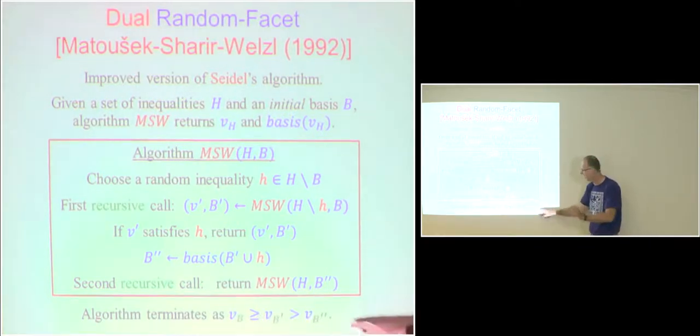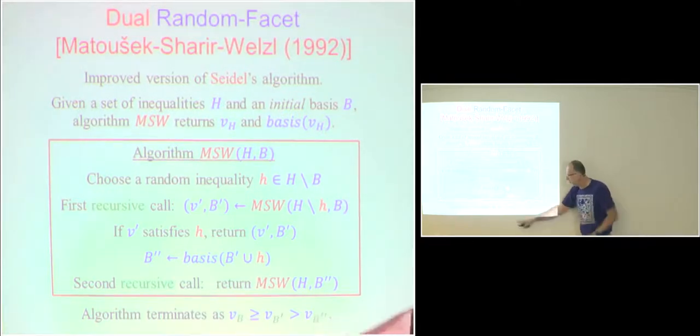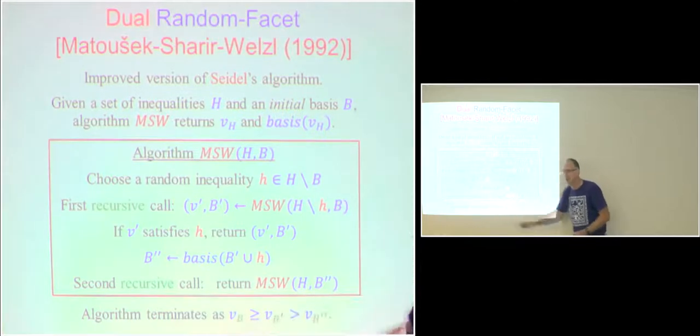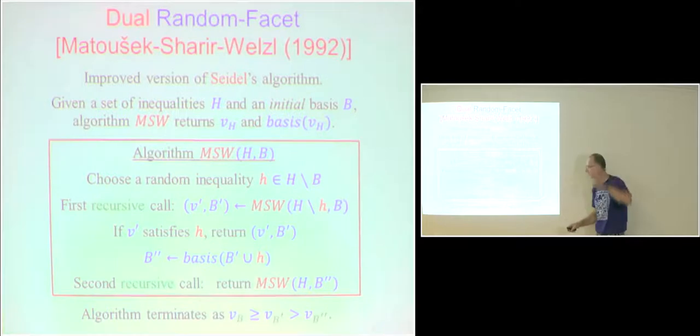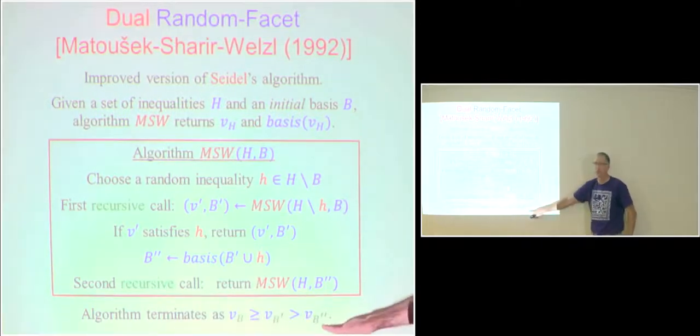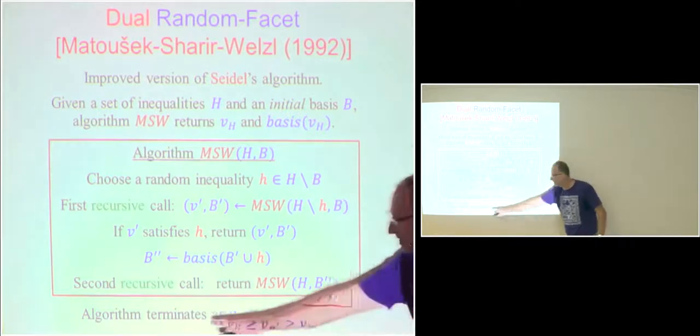Here I introduce another notation. What do I mean by v of b greater than v of b prime? I mean the objective function at this vertex. Think about it just as the height, so this is lower than this. And this is why we make progress, and why the algorithm must terminate.